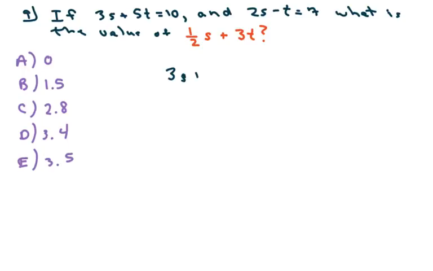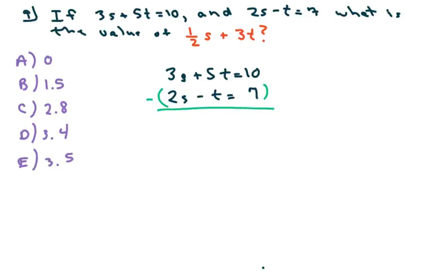This is 3s plus 5t equals 10, and it's 2s minus t equals 7. And what I want to do is subtract these, and I'll show you why in a minute. You'll get s plus 6t equals 3. Now, if you look at this compared to what we're looking for, all we have to do is divide everything by 2.